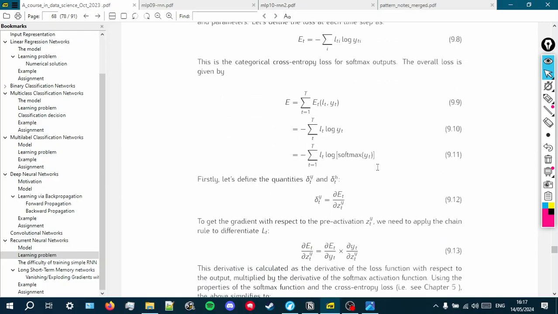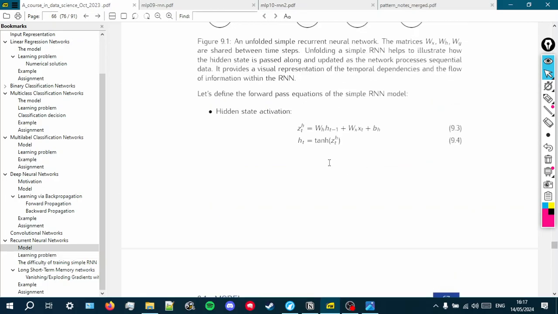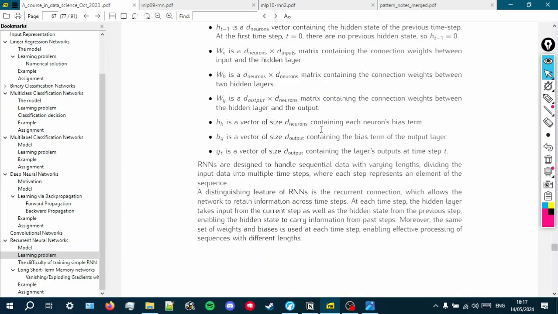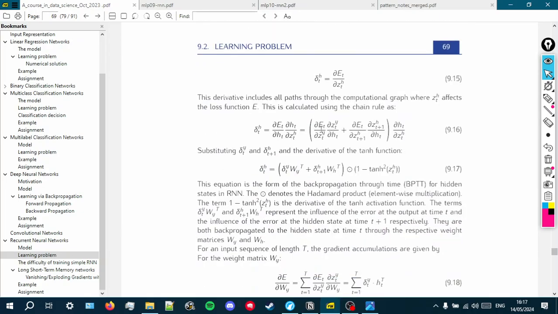Once again, zh with respect to h of t minus 1 will be Wh. So coming back down, we'll have Wh at the end. And the derivative of the tanh function, which was partial of h of t with respect to zh, is just going to be 1 minus tanh squared of zh.